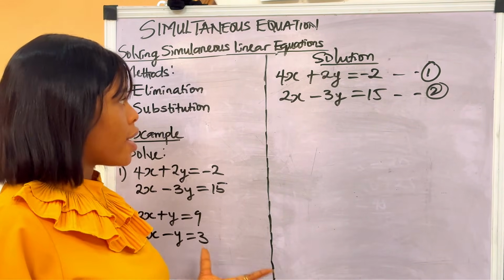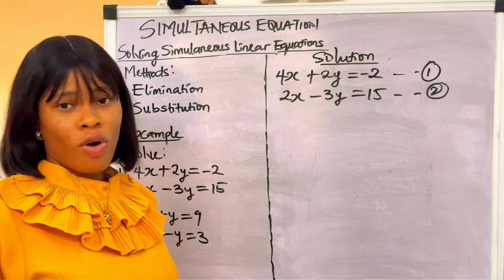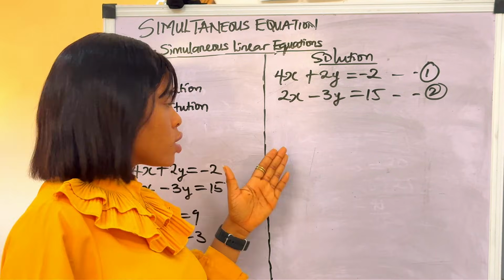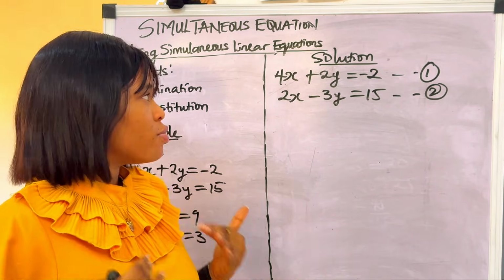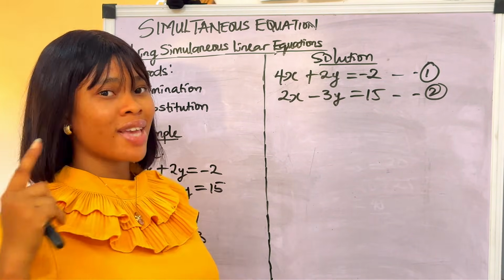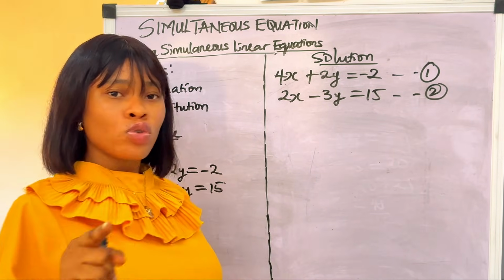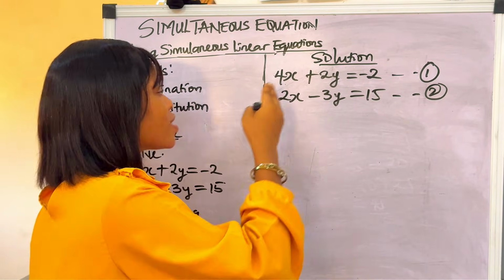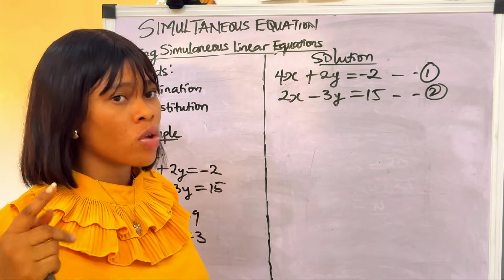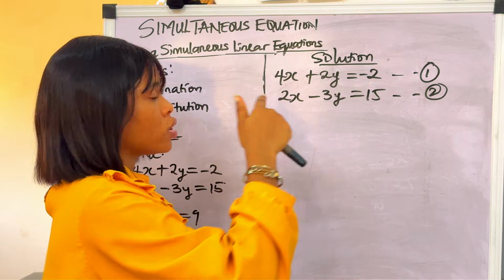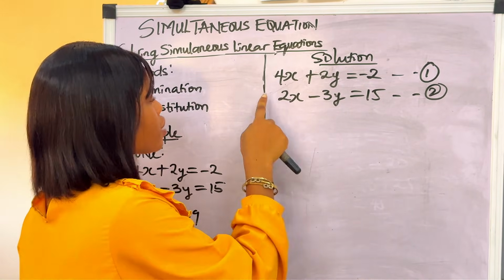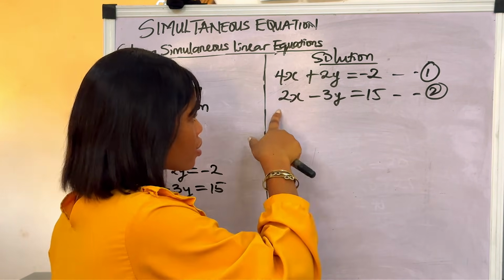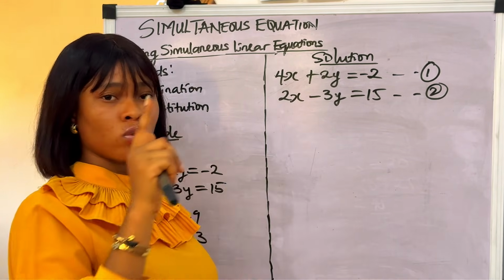To eliminate x, we also have to consider what the coefficients of x are in equation 1 and equation 2. You can see that the coefficient of x in equation 1 is 4 and the coefficient of x in equation 2 is 2.